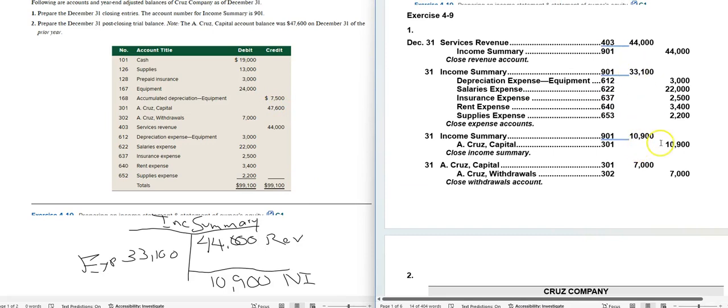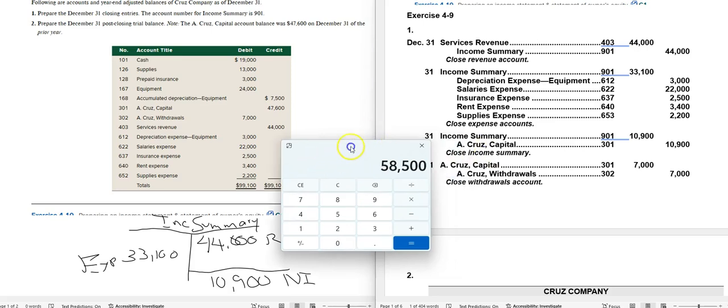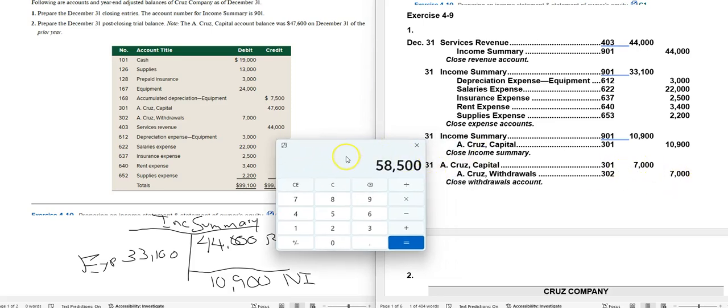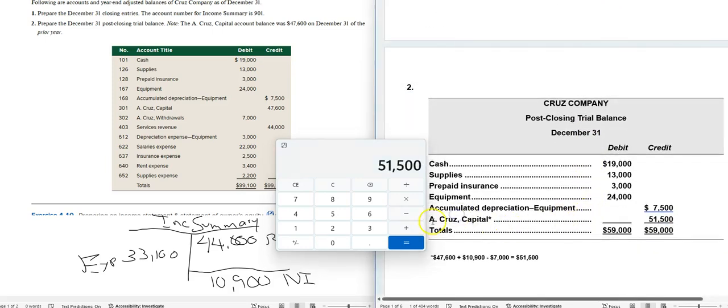we then increased that $47,600 by $10,900 for the amount of income. And then we decrease that capital account for the amount of withdrawals, leaving it with an ending balance of $51,500. Okay.